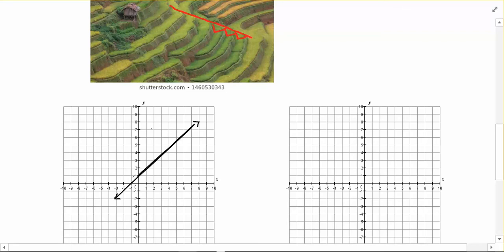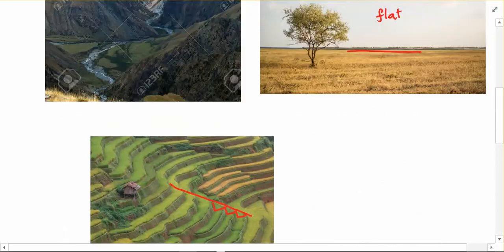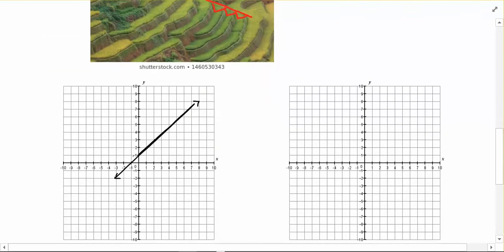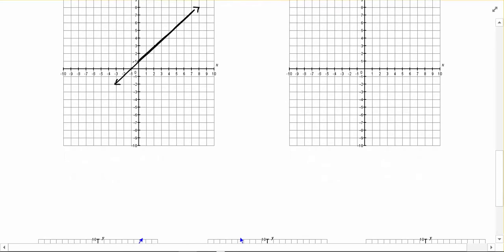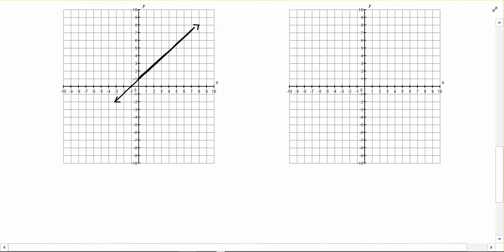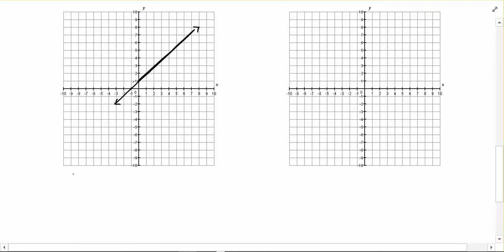Imagine that this is a slope. I know it's not as pretty as these slopes, but you get the idea. So this one now, based on our conversation, we can say is going up from left to right. So we would say this is a positive slope. Slope is positive.